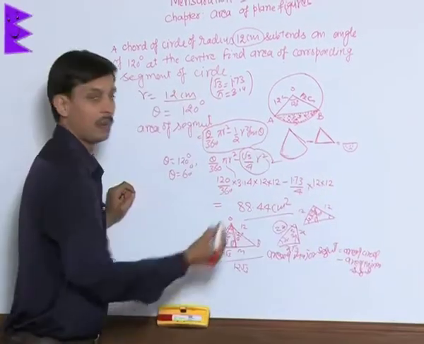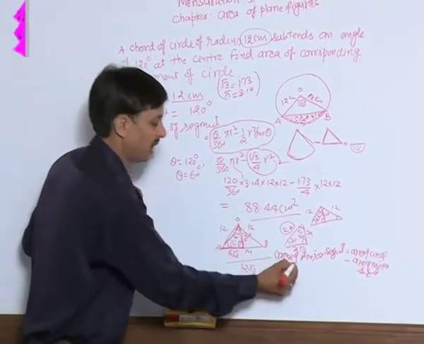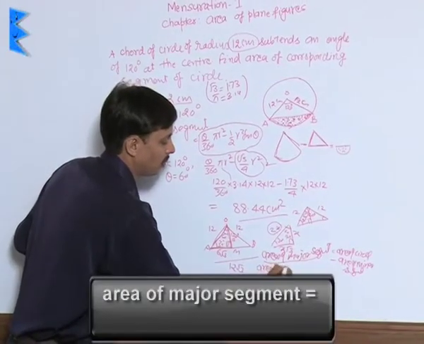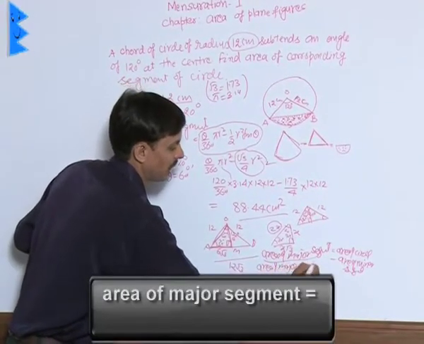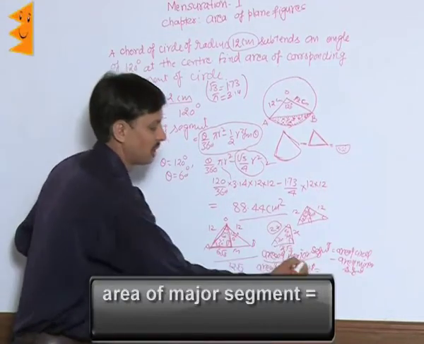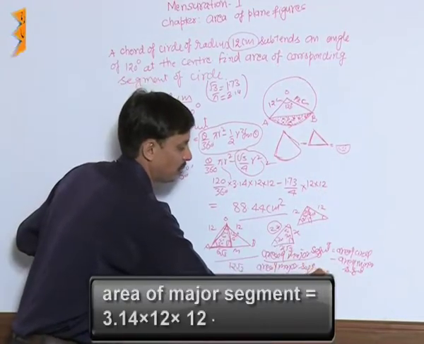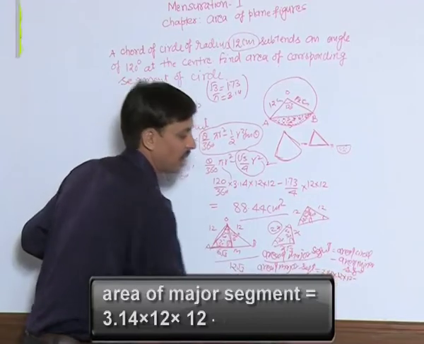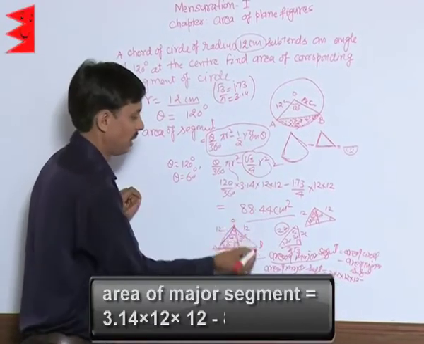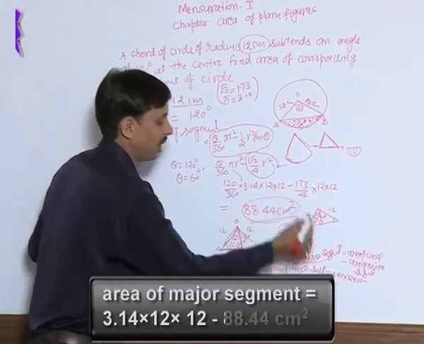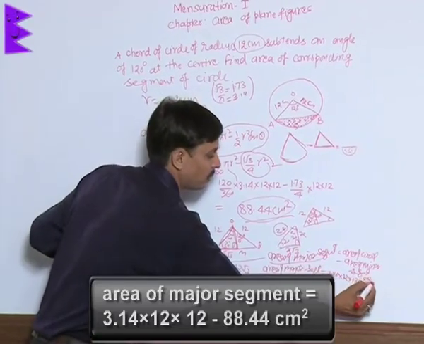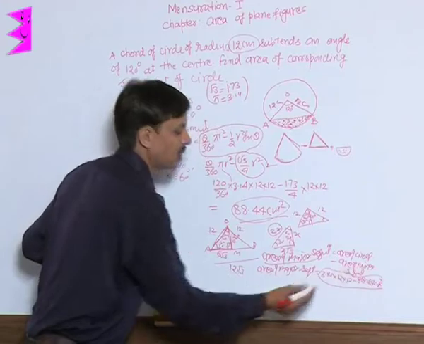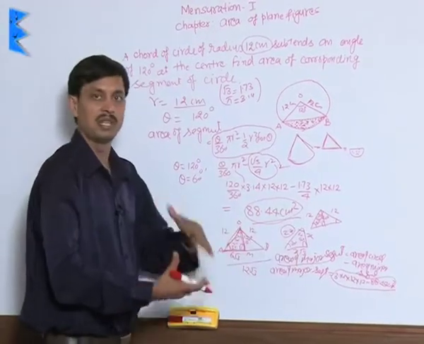So in this case, area of major segment is equal to area of circle pi r square, 3.14 into 12 into 12, minus area of minor segment, which is calculated as 88.44 centimeter square. With the help of this, we can calculate the area of major segment also.